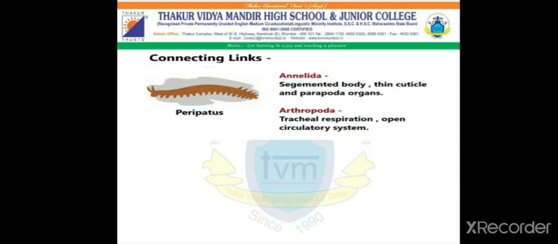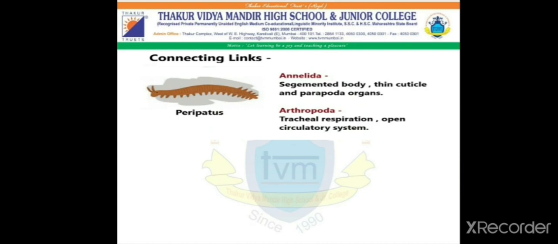First one, you can see an example of Peripatus. Peripatus shows the characteristics of Annelida, such as a segmented body, a thin cuticle, and parapodia. Similarly, it shows the characteristics of Arthropoda, such as tracheal respiration and an open circulatory system.